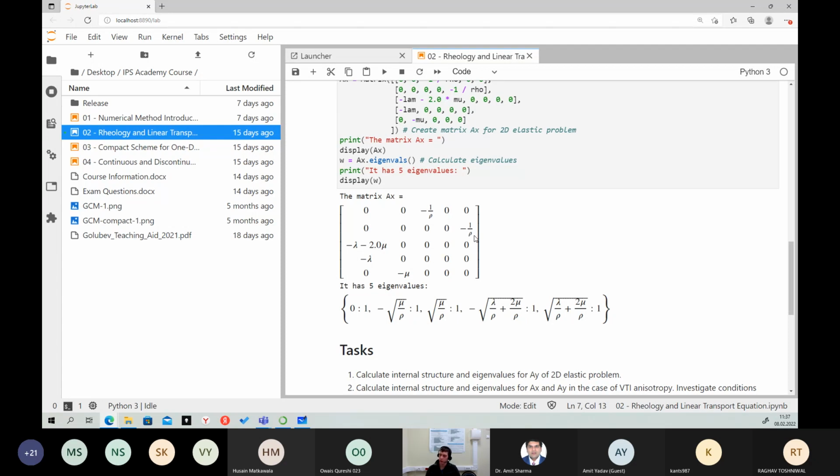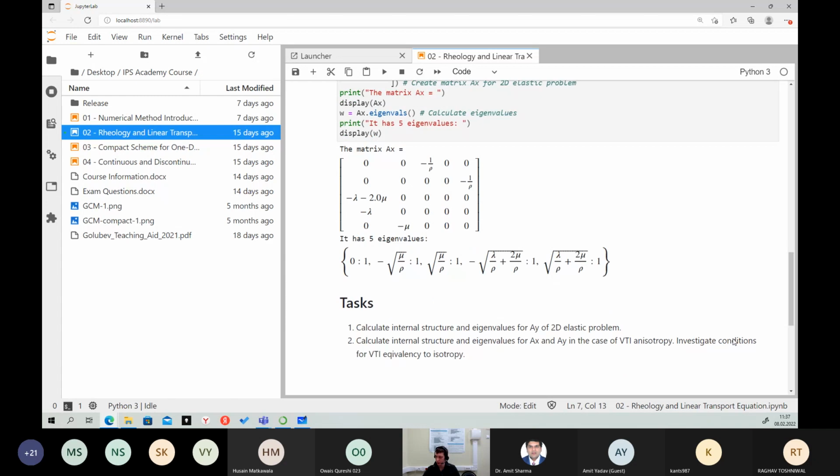Investigate and estimate the conditions for a VTI medium to be equivalent to an isotropic medium. In fact, if you obtain the AX and AY matrices and compare this form with the one valid for an isotropic medium, you will write something like C11 equal to minus lambda plus something, or something like this.